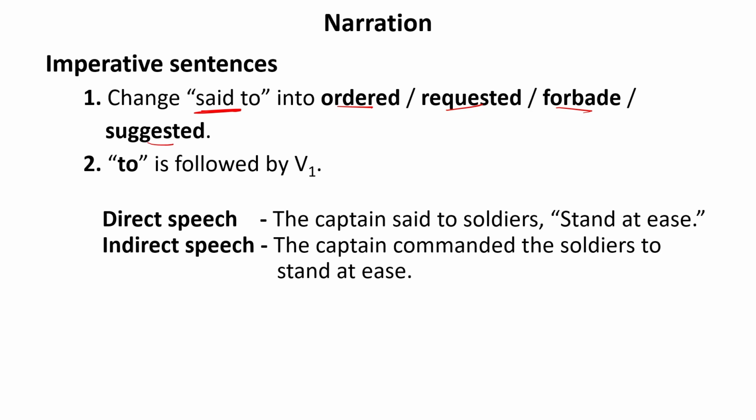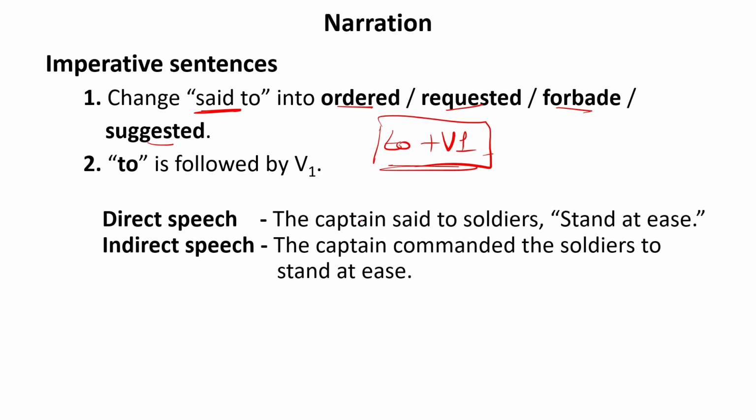So, we will write the word in place of "said to" according to the sense or the requirement of the sentence. After we write that particular word, that is ordered or requested, we will add a preposition "to" and it will be followed by verb first form. As we know well, "to" is always followed by verb first form.